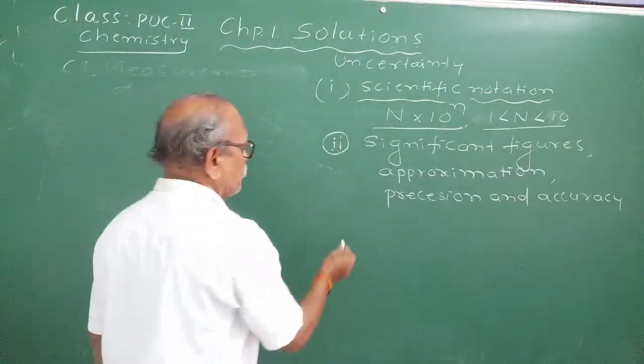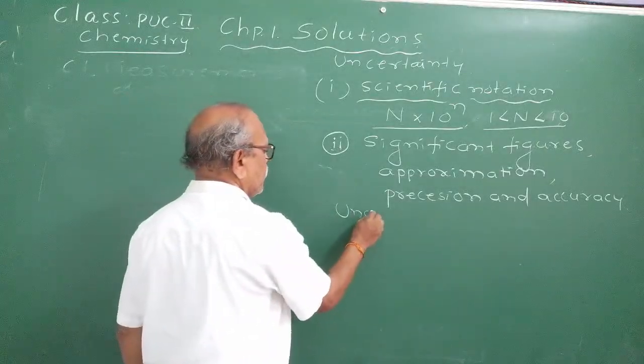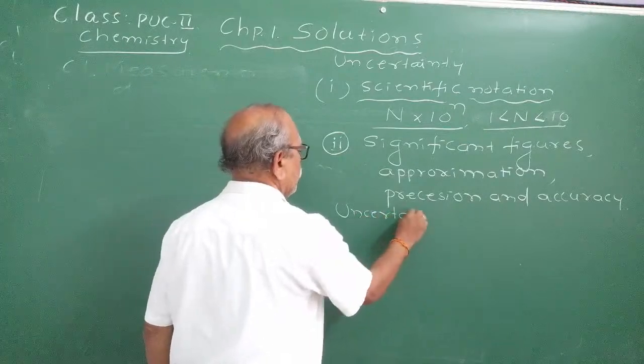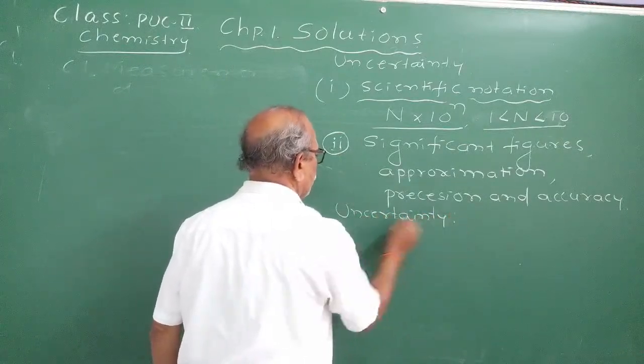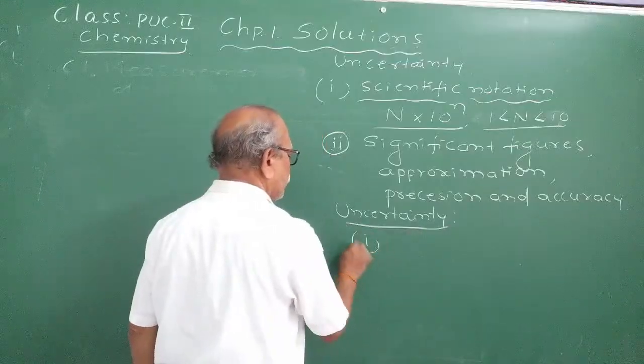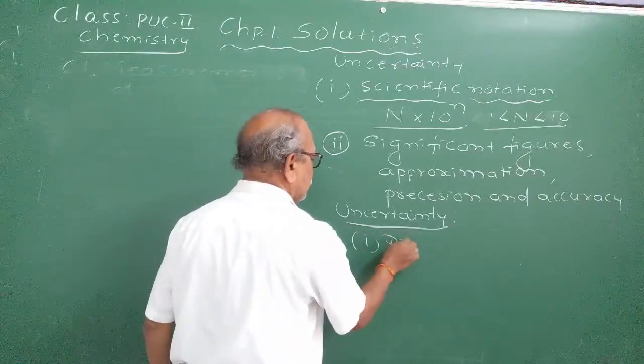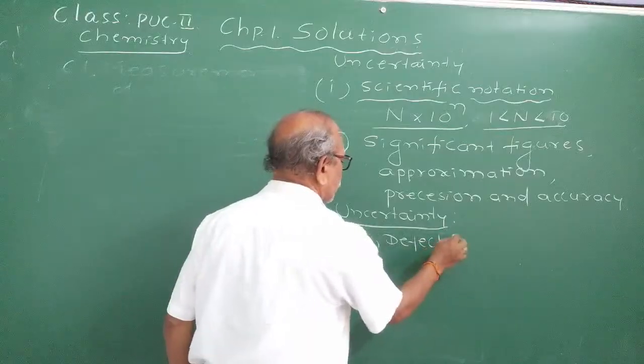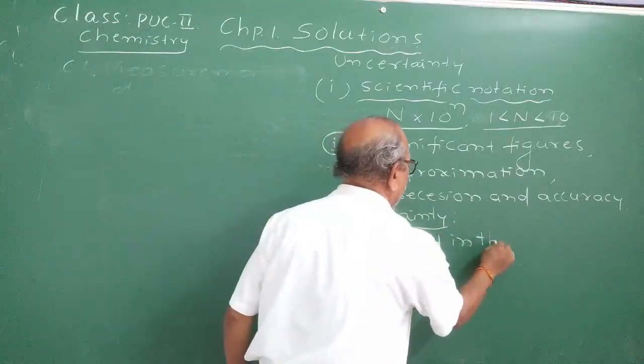Uncertainty occurs because of two things. One thing is the defects in the instrument, defect in the measuring instrument.